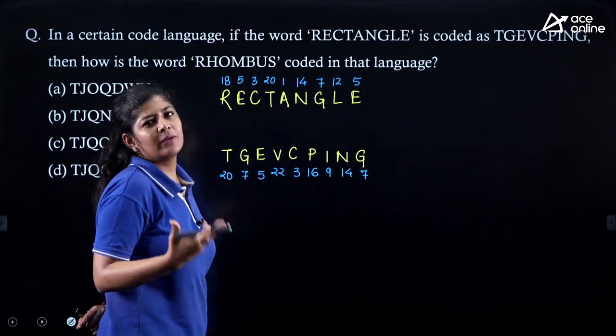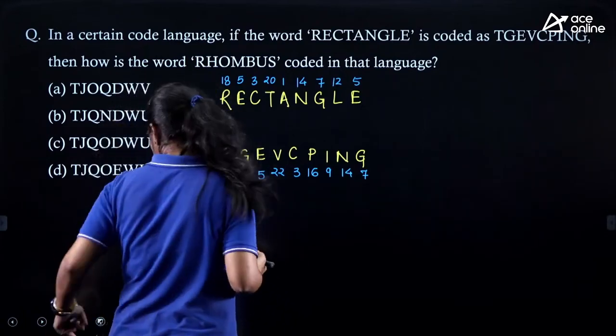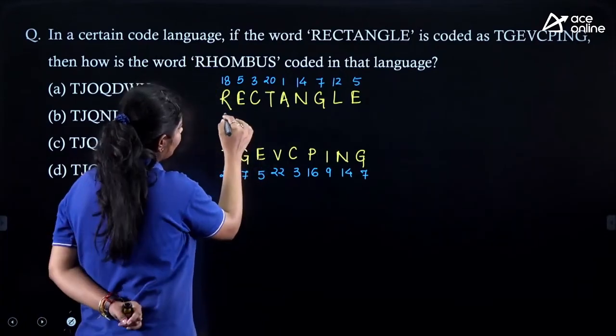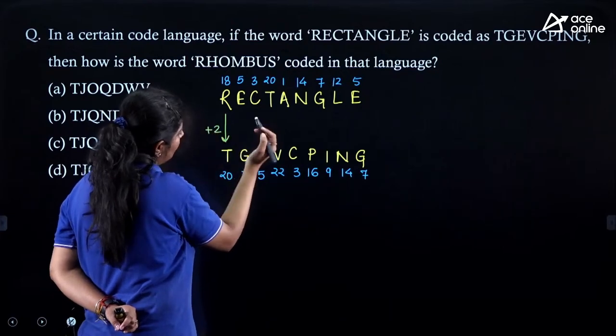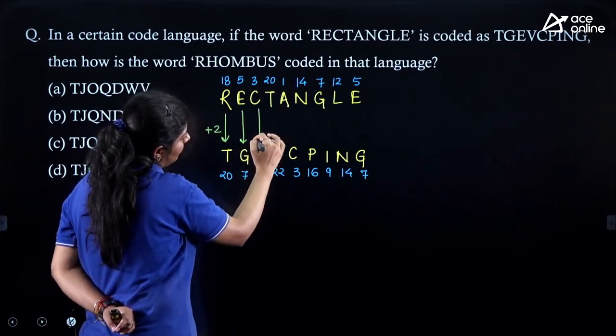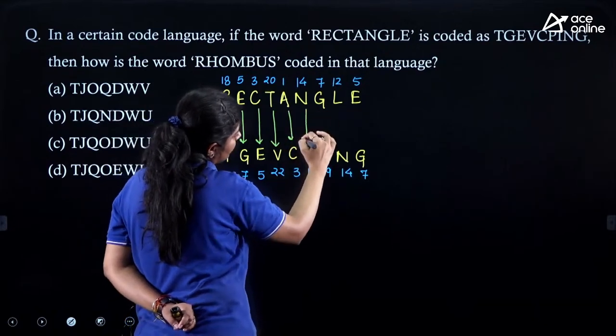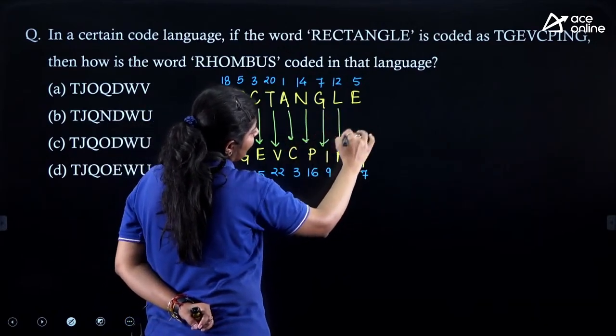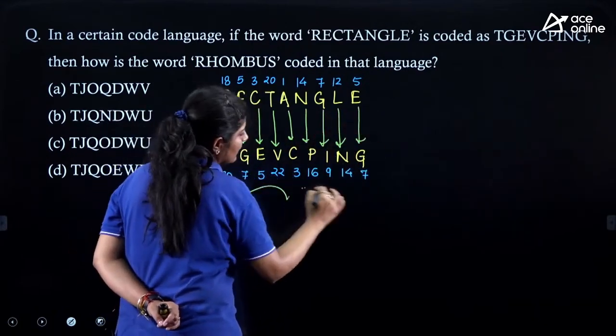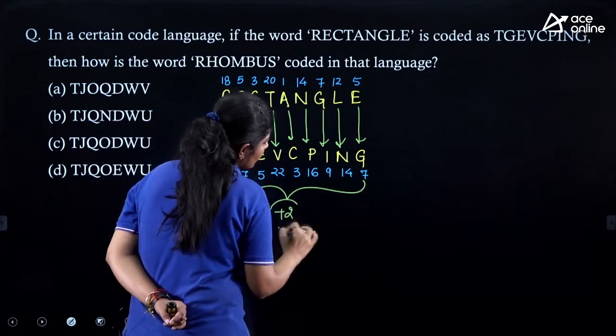Right? Now again what we have to do, we have to analyze the pattern which is applied over here. Plus 2, plus 2, plus 2, plus 2, plus 2, plus 2, and I guess overall there is a logic of plus 2. Which logic did we apply over here?